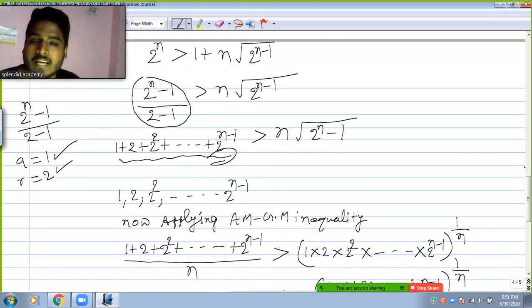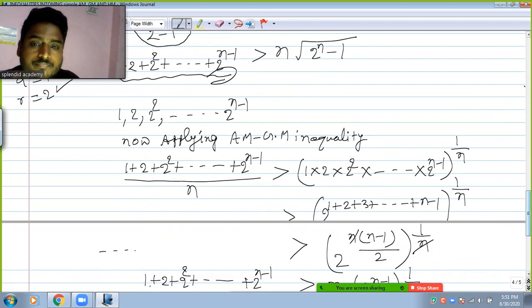Now I have to prove the result by taking these numbers 1, 2, 2 square, up to 2 to the power n minus 1, and I have to apply AM-GM on these numbers. Of course the equality sign will not be there because the numbers are not equal. So now applying AM-GM, these are n numbers, that's why I put n in the denominator, it is greater than, and these are n numbers, that's why I have taken power 1 upon n.